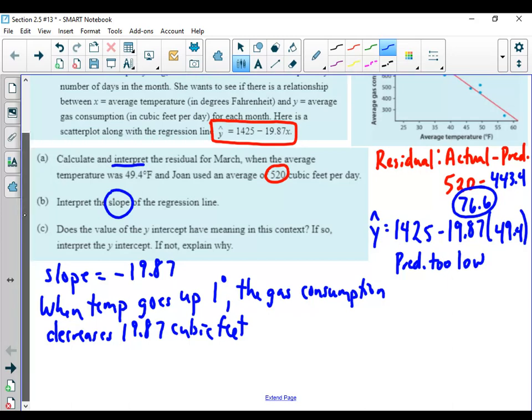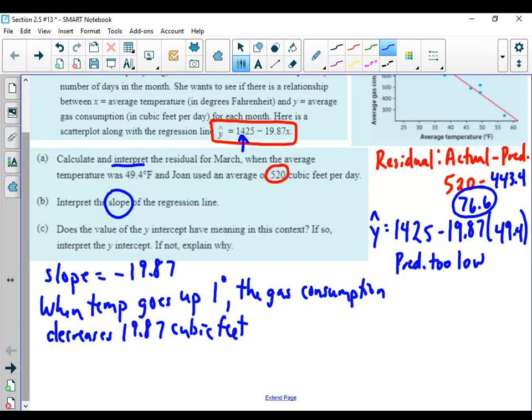All right, then the y-intercept. Well, they want to know, first of all, does the y-intercept have any meaning? And if it does have meaning, then what's it actually saying? So the y-intercept is when the x value is equal to 0. On this one, that's when the average temperature is equal to 0. According to the equation, this is how much I would use in terms of the gas consumption.